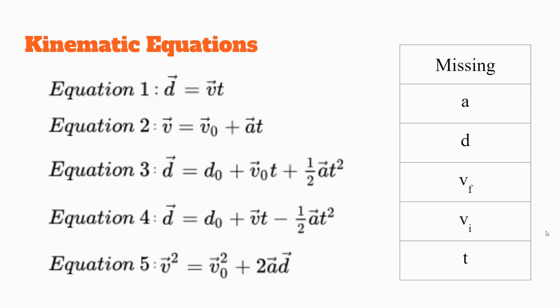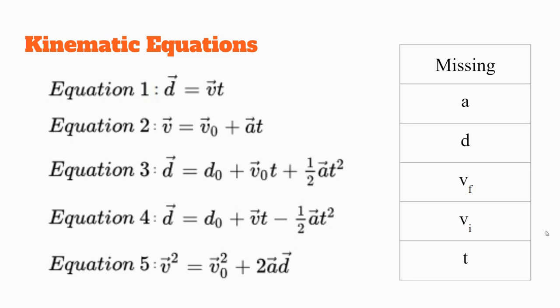Equation 4: final distance equals initial distance plus final velocity times t minus 1/2 acceleration times time squared. And we are missing initial velocity there. And last, equation 5: final velocity squared equals initial velocity squared plus 2 acceleration times distance. And we are missing t.